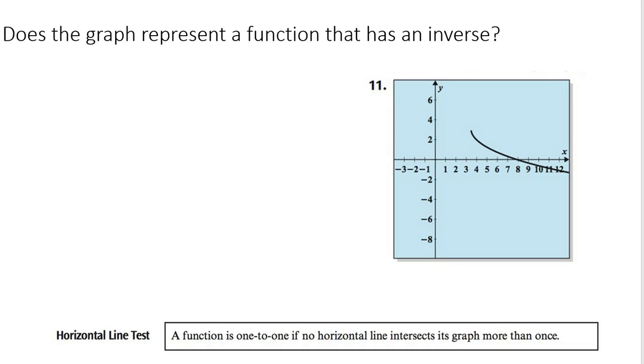So first of all, to have an inverse, you must be one-to-one. So first we're going to check to see even if it's one-to-one, and I can check that by using the horizontal line test. And you can see that if you put a horizontal line anywhere on this graph, you're going to only intersect at one place at a time. So yes, it is one-to-one.